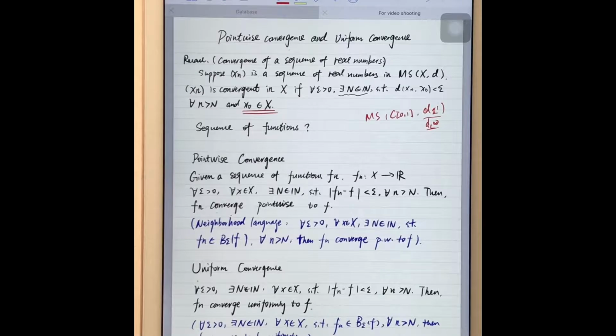First of all is pointwise convergence. From the name you can see it's pointwise, so there must be something about the point you choose, right?